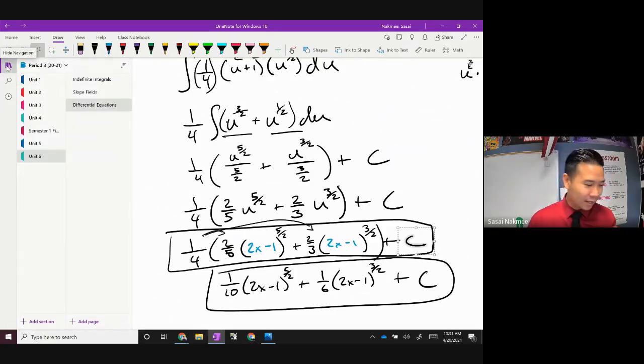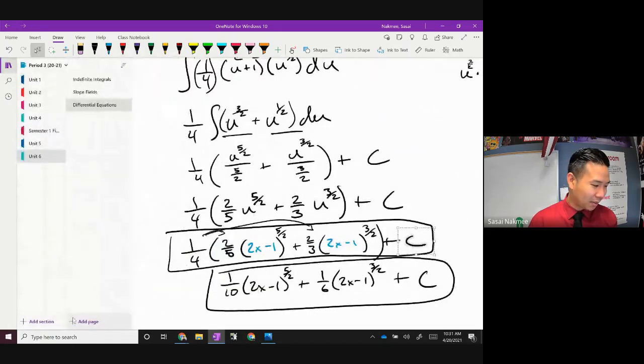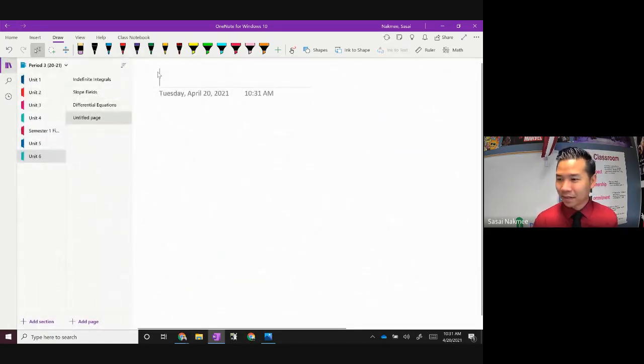This is technically part of differential equations, because you use these techniques to help you solve differential equations. But technically, what I should have titled this is different techniques.